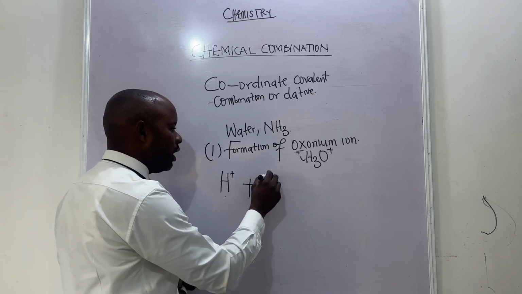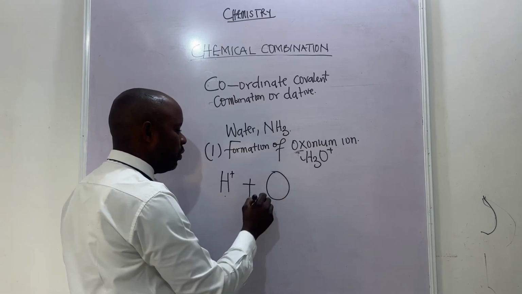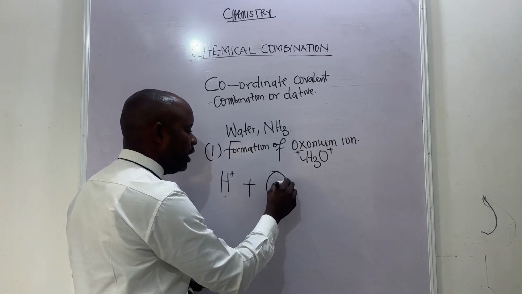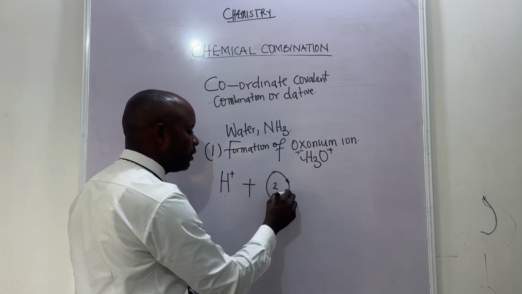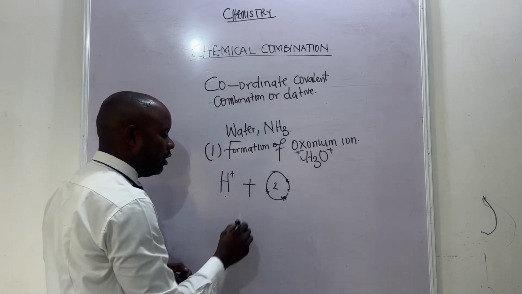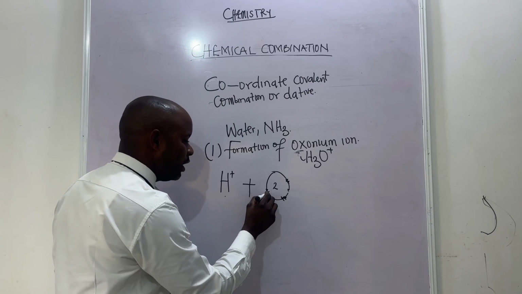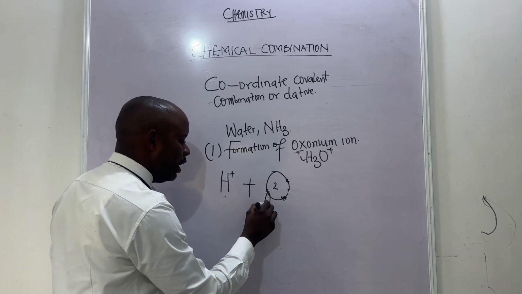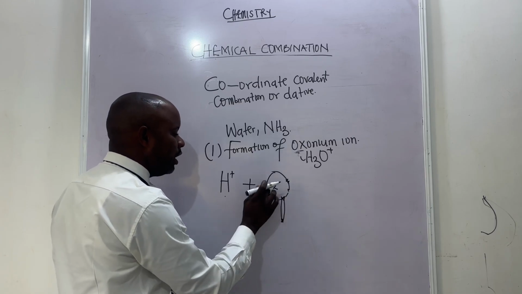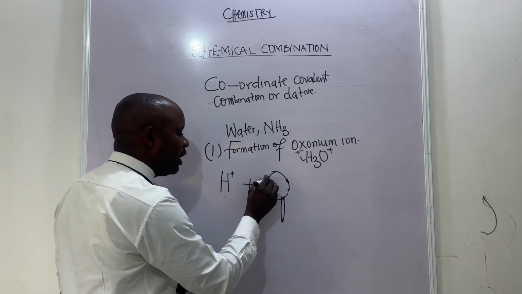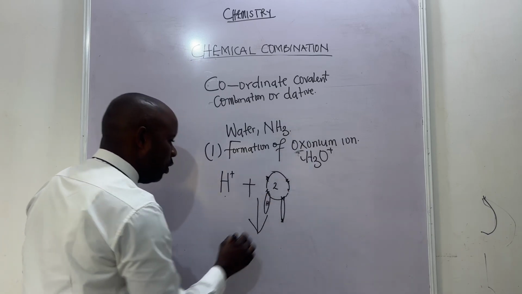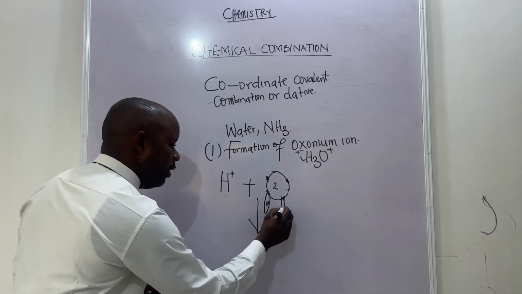When it reacts with water, oxygen has 6 electrons in its outermost shell. We take water, where H is attached to oxygen on each side, and we have 2 lone pairs of electrons. By so doing, this reaction will give birth to what is known as the hydronium ion.